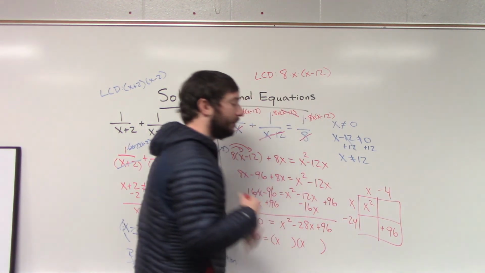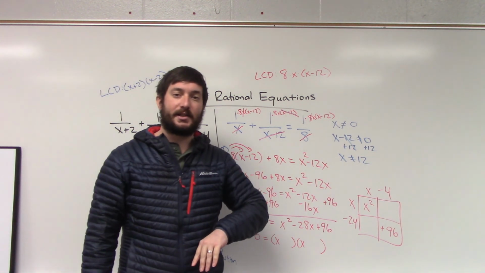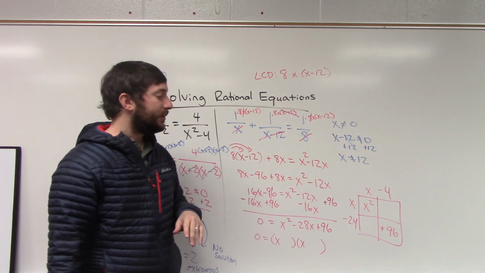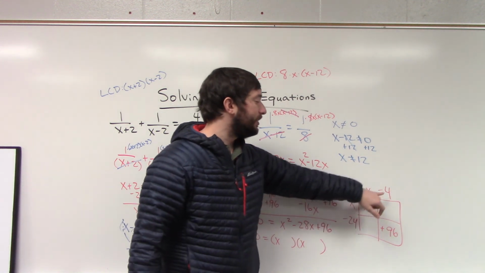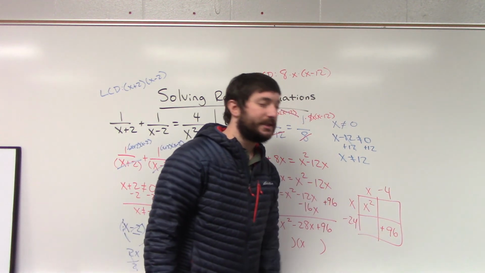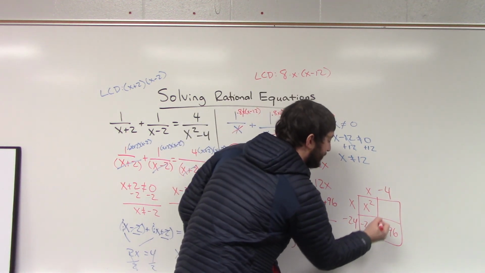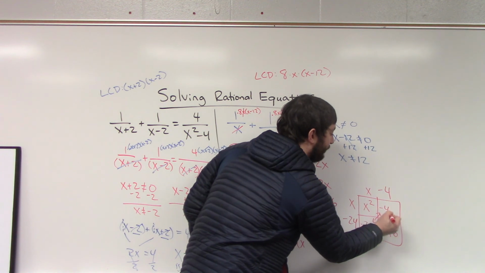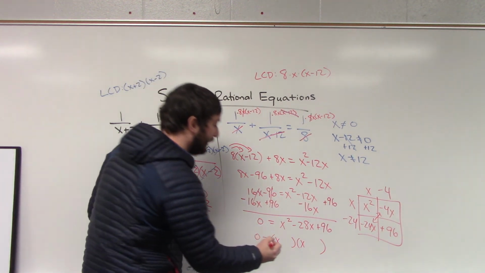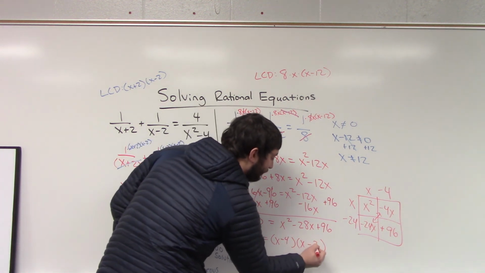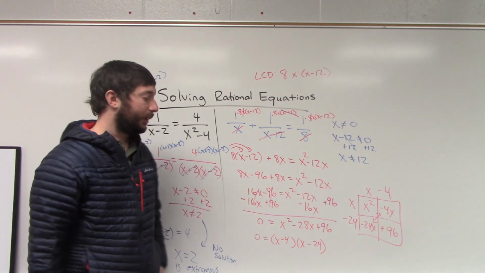You could try to look for a list of possible things, negative 1 times negative 96, negative 2 times negative 48, and so on. It turns out negative 24 times negative 4 will be positive 96, and negative 24x combined with negative 4x will be negative 28x. Remember, you should always be able to multiply your parentheses back out to equal your original expression, and in this case that would work.